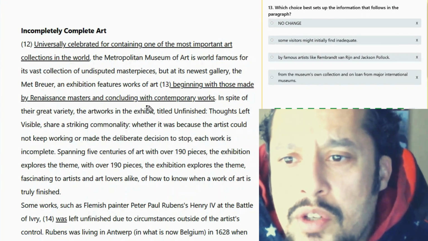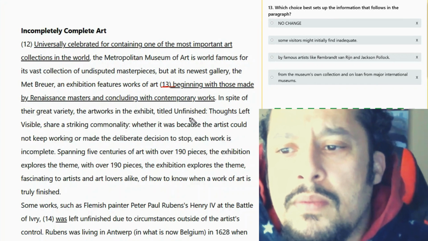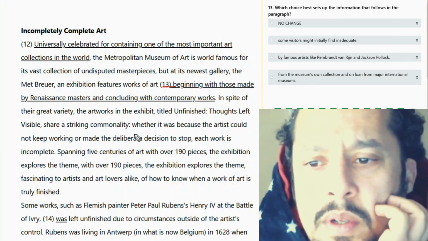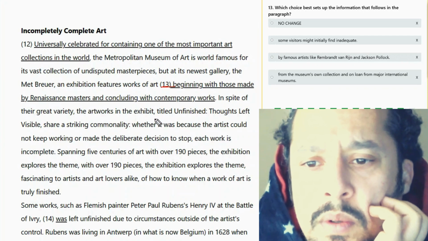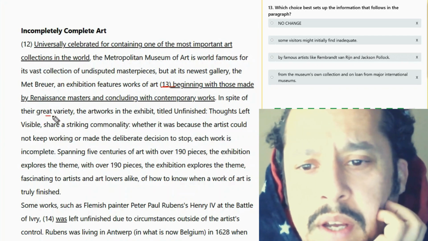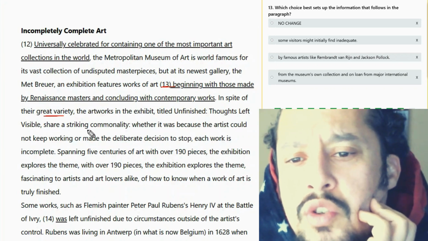Question number 13, which sets up the information that follows. Okay. So, in spite of the great variety, the artworks in the exhibit titled Unfinished Thoughts Left Visible share a striking commonality.